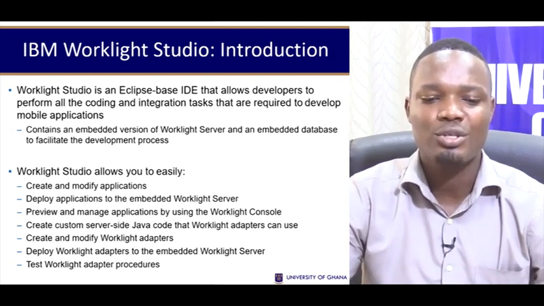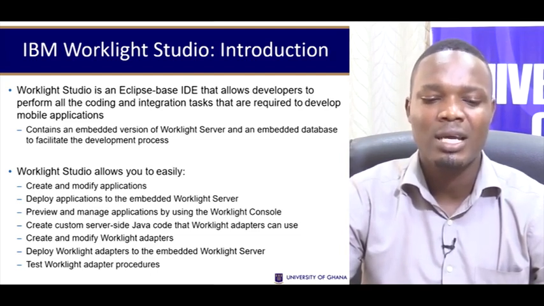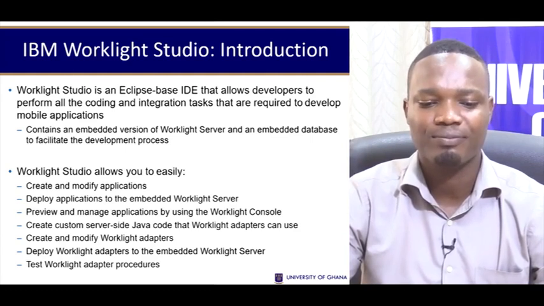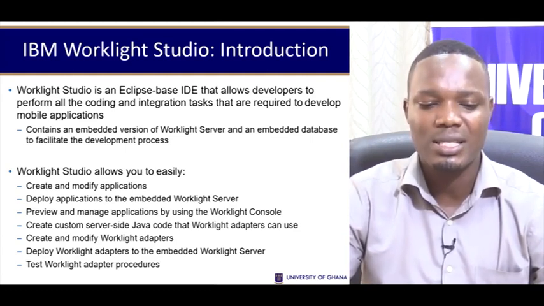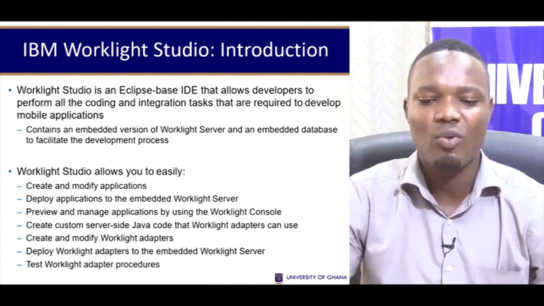It also allows you to deploy applications to the embedded Worklight server. We talked about the Worklight server in the previous session. It also helps you to preview and manage applications by using the Worklight console. You're also able to create and modify Worklight adapters, deploy Worklight adapters to the embedded Worklight server, and test Worklight adapter procedures.